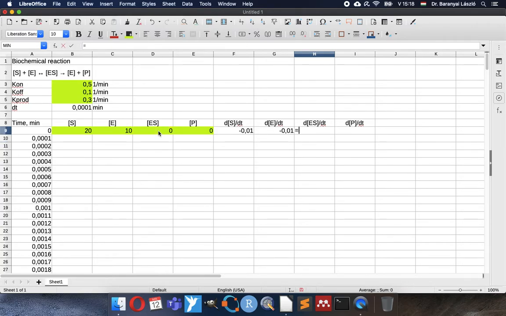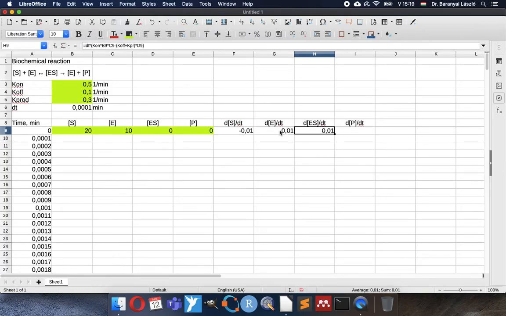Okay, now comes the complex. It is produced by the first one in forward direction, substrate multiplied by enzyme, minus it is dissociated in two directions, again key off plus key product multiplied by its own concentration.